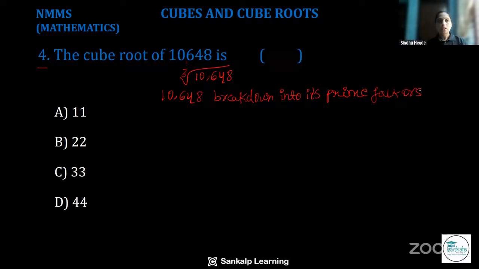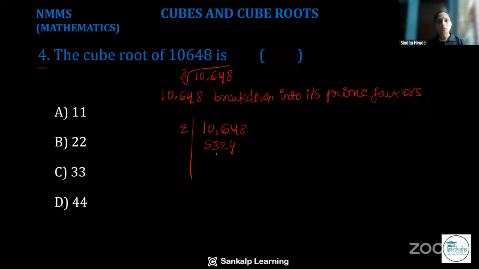So start with the smallest prime number, which is nothing but 2. So 10,648 divided by 2, we get 5,324. 2 into 5,324 is 10,648.